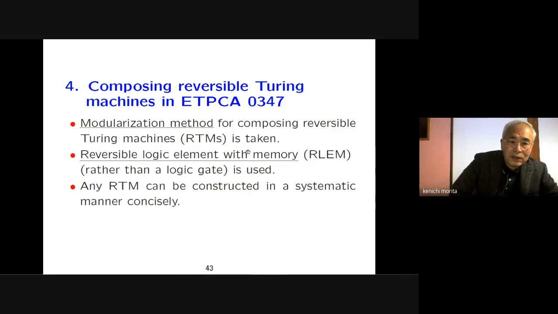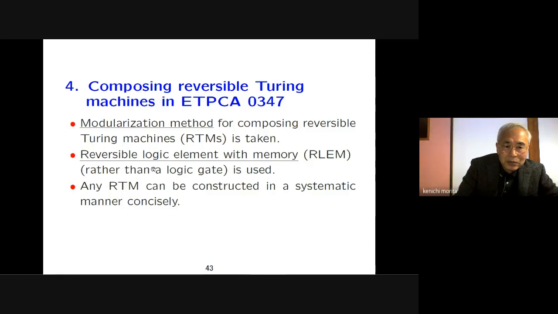Now, the last section is devoted to composing reversible Turing machines in ETPCA 0347. Here, a modularization method for composing reversible Turing machines, RTMs, is taken.